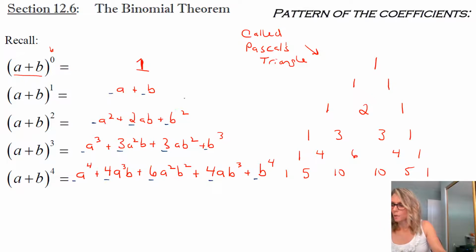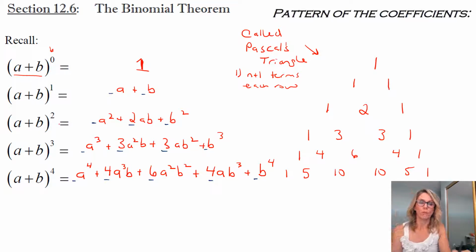So what I want you to notice is there are n plus 1 terms in each row. When we had a plus b to the 0, we had 1 term. When we had a plus b to the power of 1, we had 2 terms. So notice we have 1 more term than whatever the exponent is.